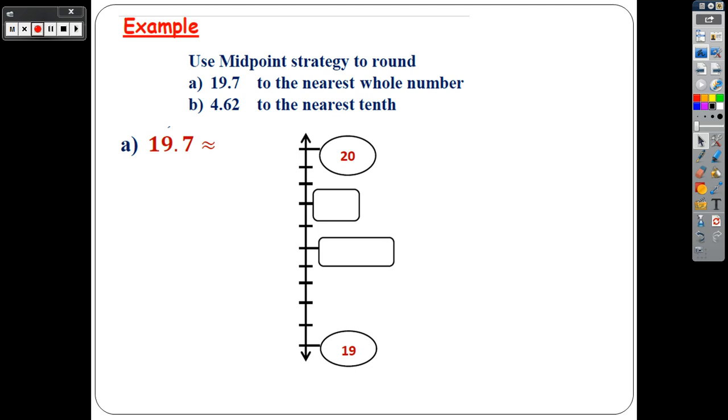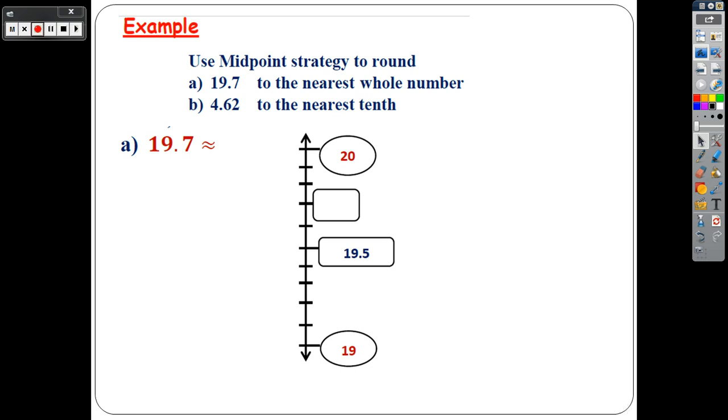After that, what is the midpoint between 19 and 20? The midpoint is 19.5, or 19 and a half, which is 19.5 in decimal. Now, does 19.7 go above 19.5 or below 19.5?